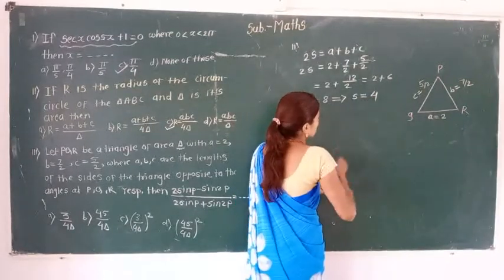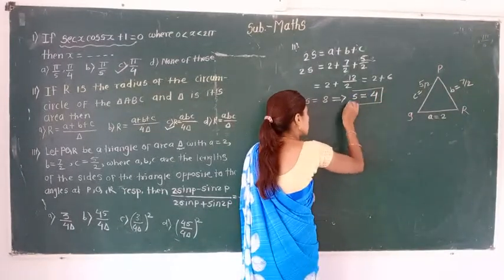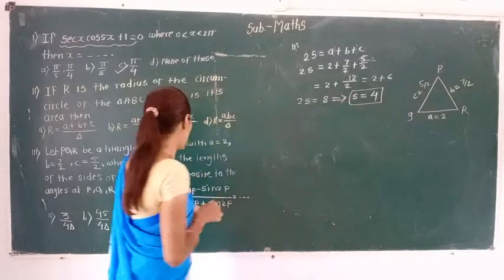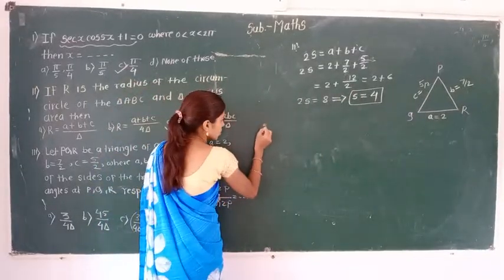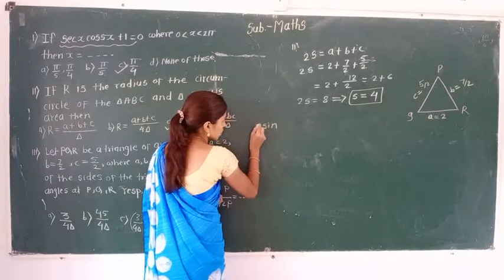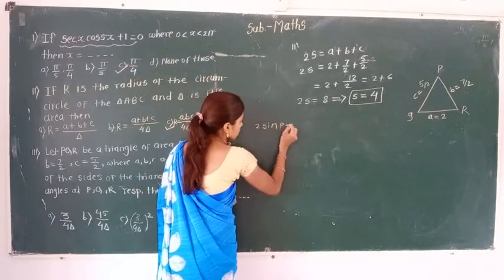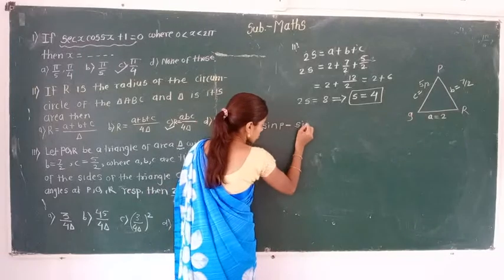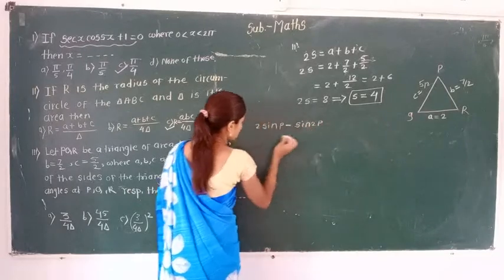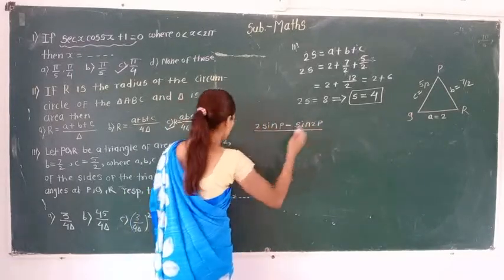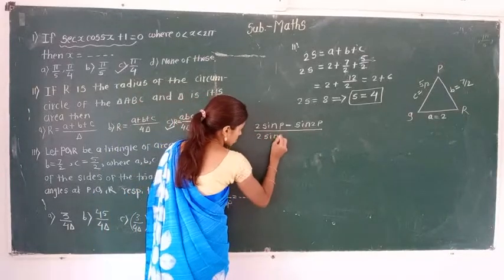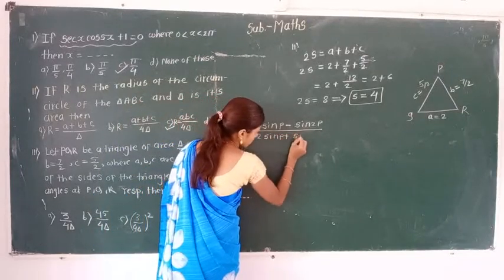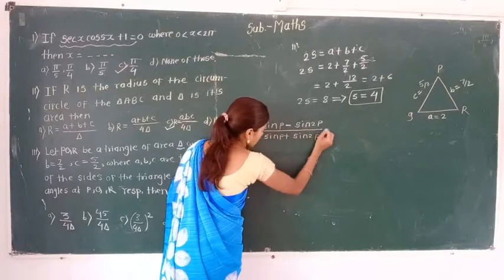Now find the value of 2 sin P minus sin 2P whole term divided by 2 sin P plus sin 2P.